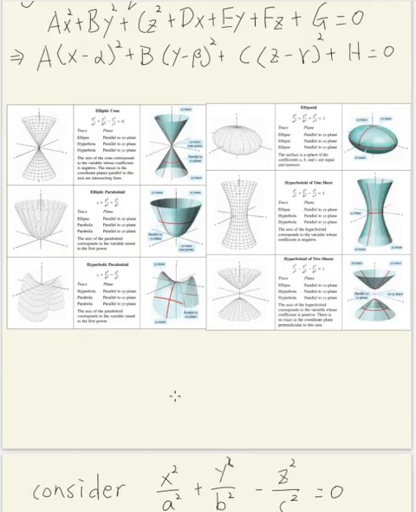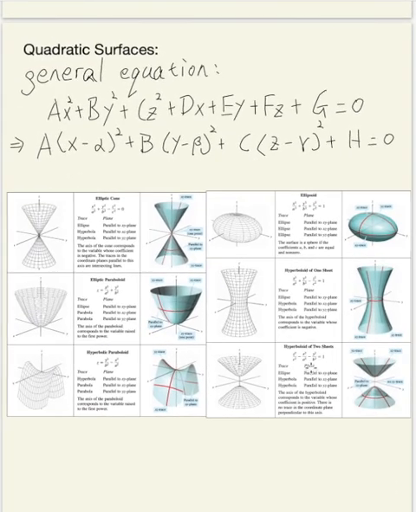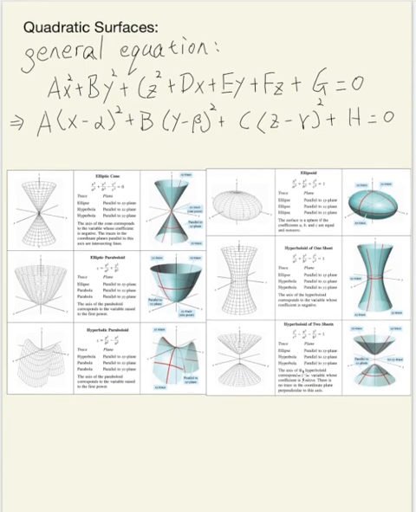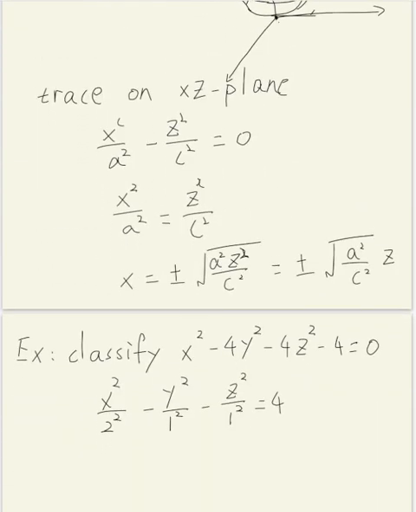All right, if we scroll back and look at all these equations, we'll find that it is a hyperboloid of 2 sheets. A hyperboloid of 2 sheets is characterized by an equation like this: you get two negative squares and one positive square. Oh, I made a mistake.